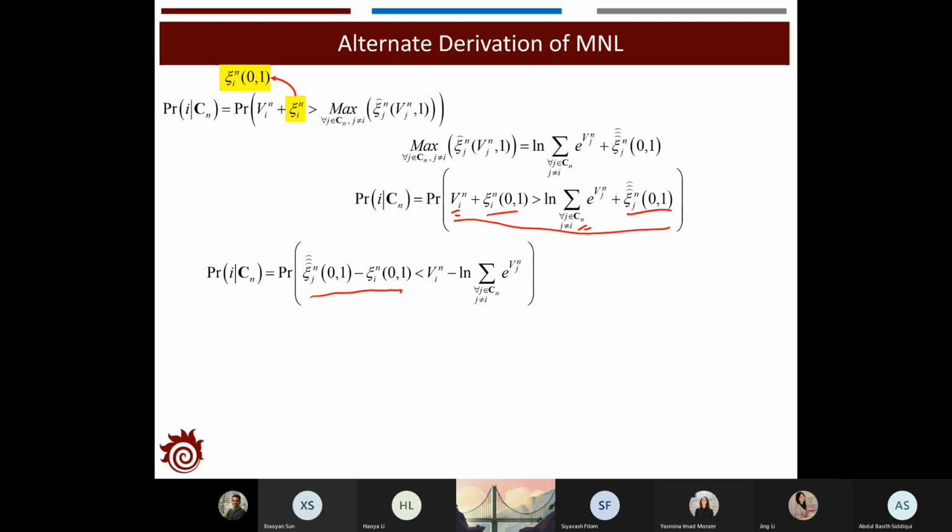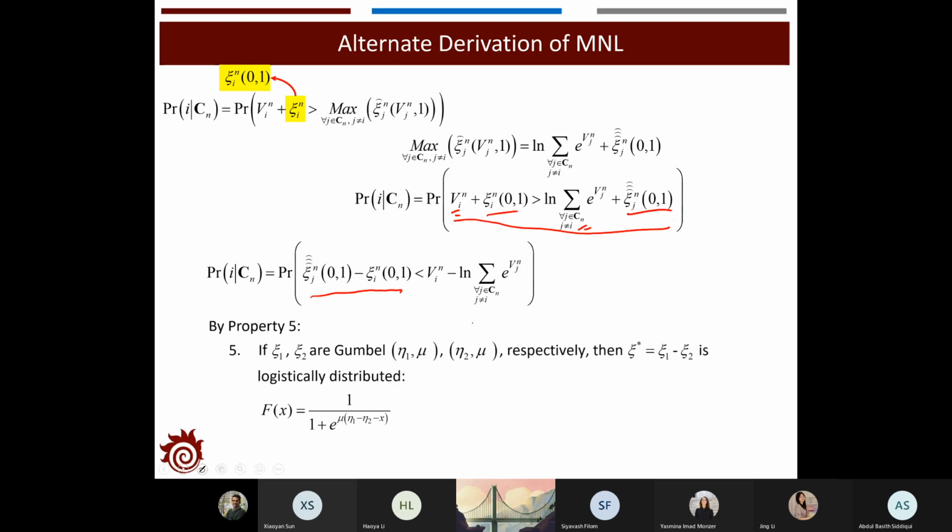Then we can recall property 5. If both of them follow the Gumbel distribution, then we can find out the CDF of the difference between these two random variables. For this case, x will be this part. We also know that eta 1 is 0, eta 2 is also 0, and mu for both of them is 1.